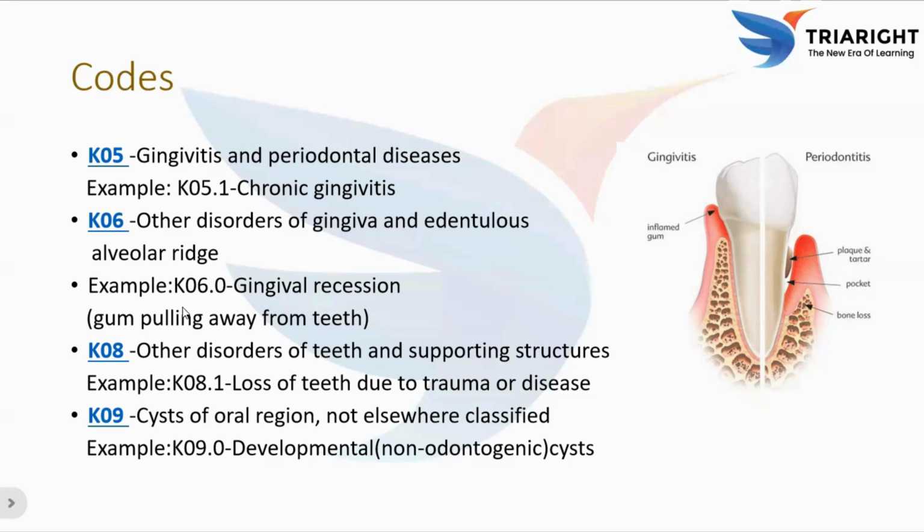These conditions affect the jawbone area where teeth are missing. For example, K06.0, gingival recession. Gingival recession is nothing but the gum pulling away from the tooth. So problems with gum and bone support structure around or after tooth loss are assigned this code K06 and K06.0.